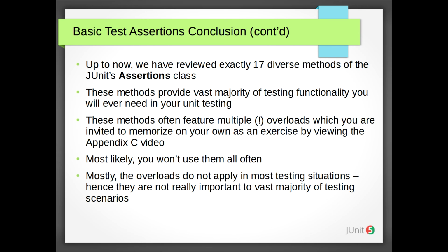Most likely, you won't use them all often. Mostly, the overloads do not apply in most testing scenarios, hence they are not really important to the vast majority of testing scenarios.